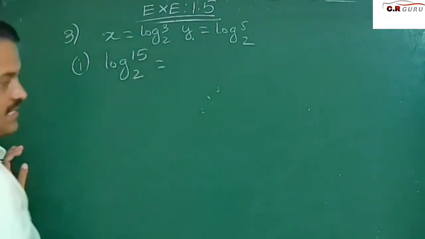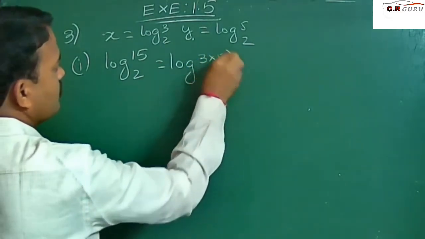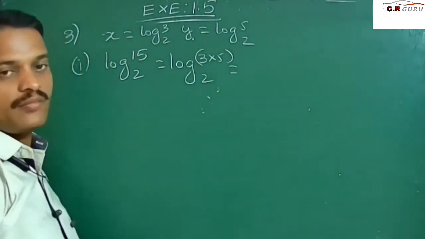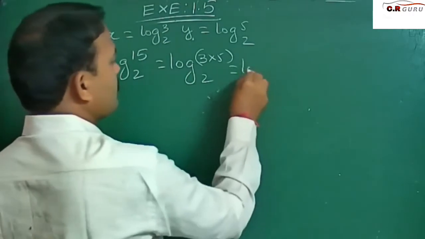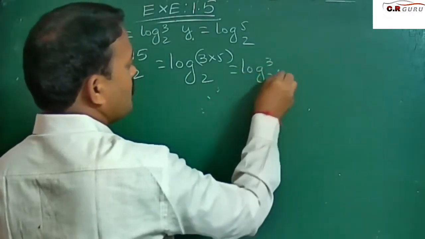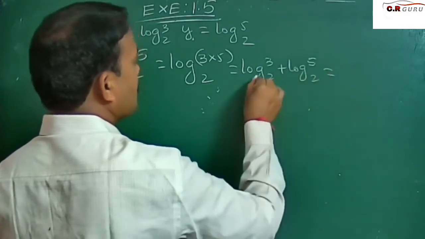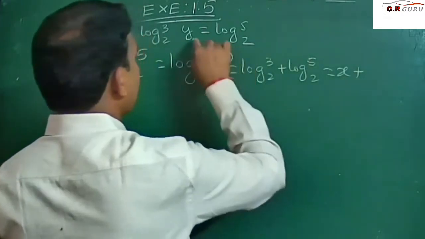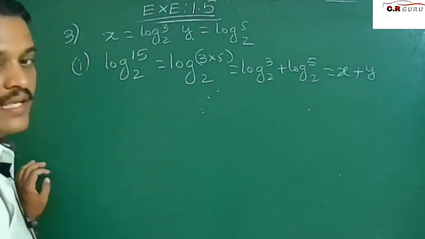Log 15 can be written as 3 into 5, base 2. Using the product formula, log A plus log B, this is log 3 base 2 plus log 5 base 2. Log 3 base 2 is x, given in the problem, plus log 5 base 2 is y. So this is x plus y.